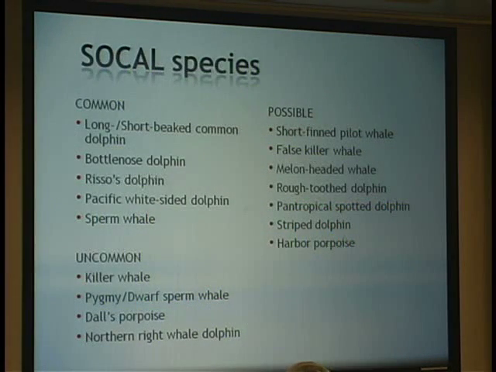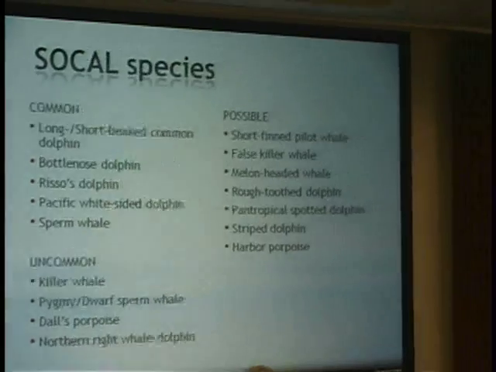Now, we want to look at the SoCal species and see what kind of signals they do produce. I'm primarily going to look at the echolocation side of things. We are going to be seeing signals differentiating these more common species here in Southern California. Most of you probably know how sperm whales look like.